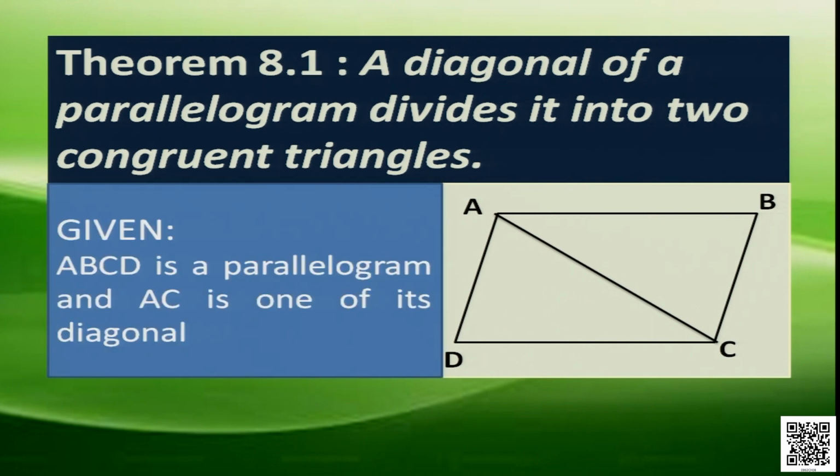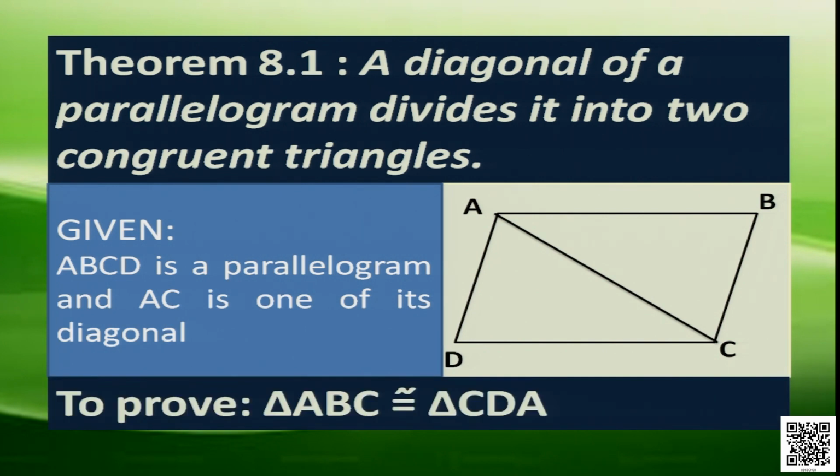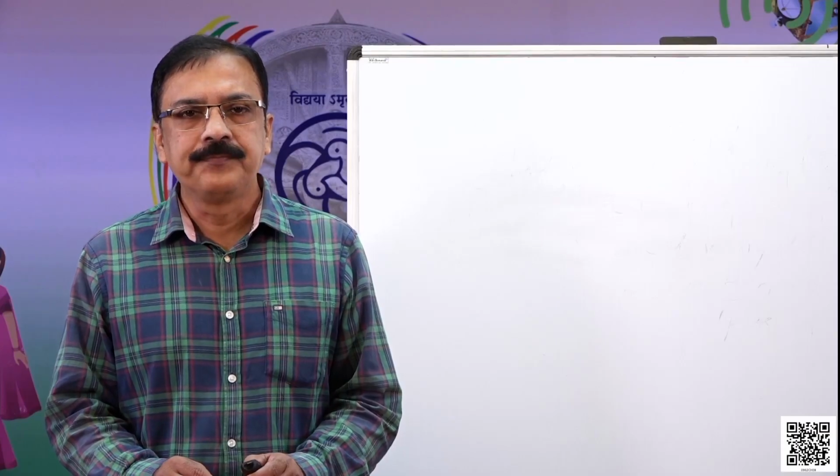So here it is given that ABCD is a parallelogram and AC is one of its diagonals. What to prove? Here we have to prove that the triangles so formed are congruent, meaning triangle ABC is congruent to triangle CDA. So how to prove it?